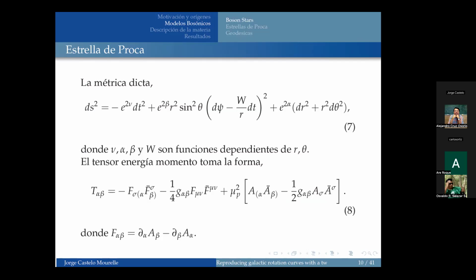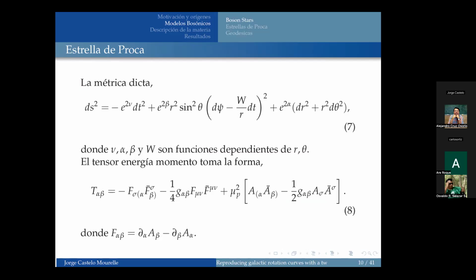Here, the metric is exactly the same with the same dependencies, but the stress energy tensor is very different. As you can see here, this is also known in particle physics sometimes as massive electromagnetism, because it follows the equations like the common vector field, but we have mass here.